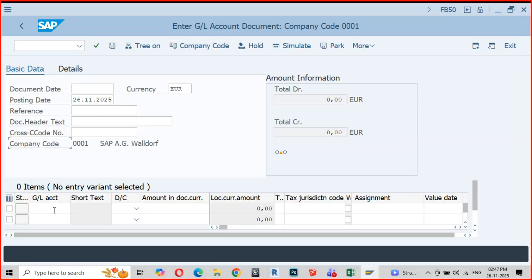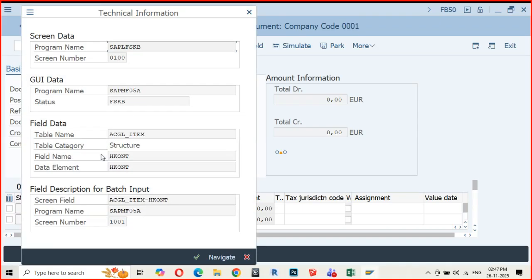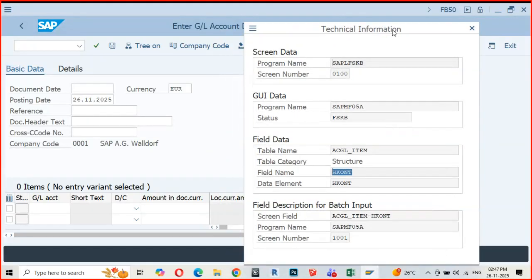Your GL account, you and I know what is a GL account. How does SAP understand it? SAP understands through HKONT, the name for your GL account.